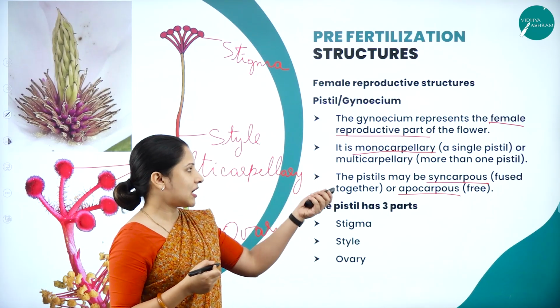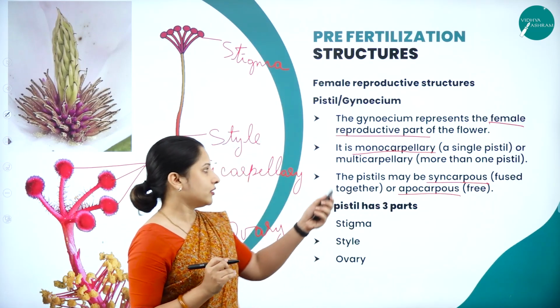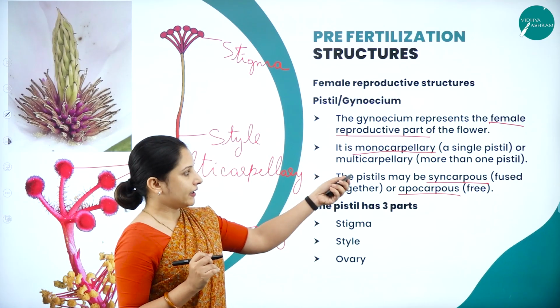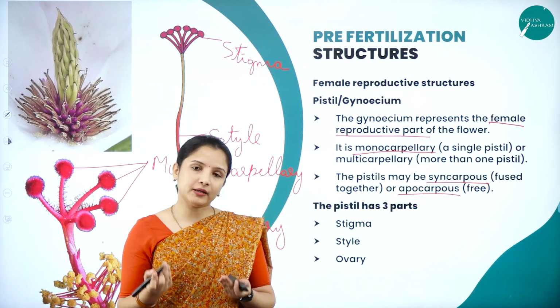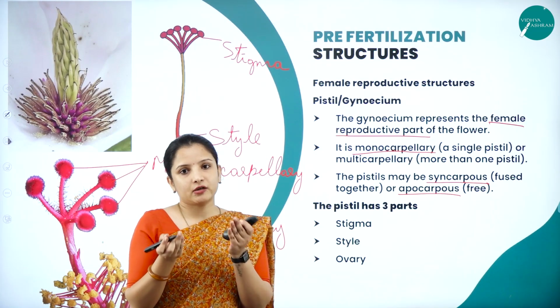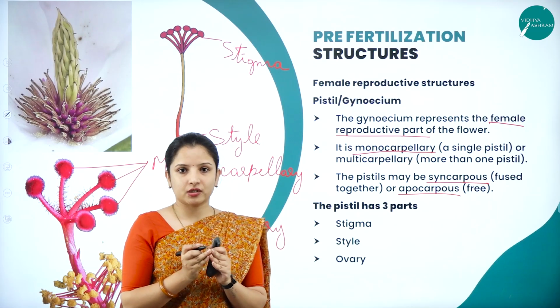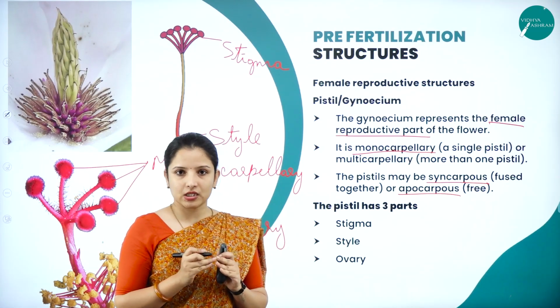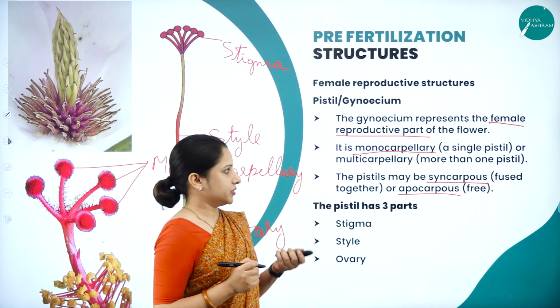So if the pistils are fused together, you can call it as syncarpous. And if they are free, that is, if more than one pistil is present and they are not connected to each other, not fused with each other, they are separate, then you can call it as apocarpous.